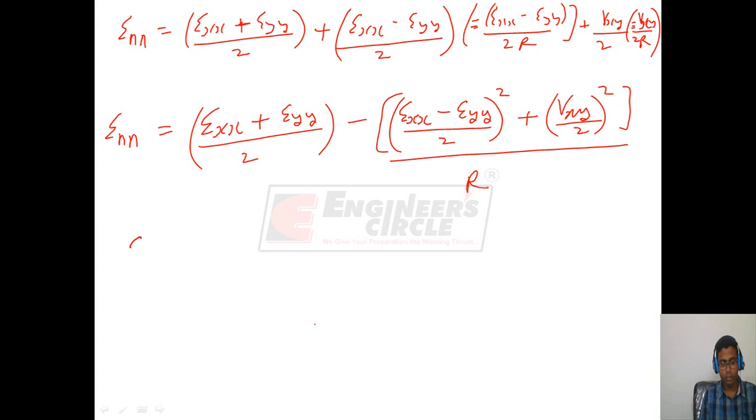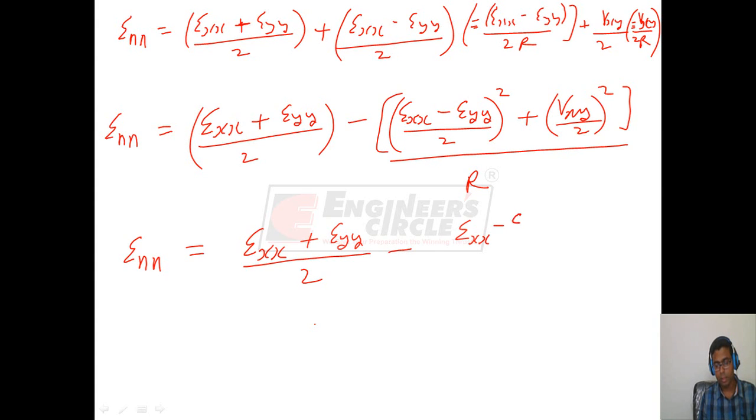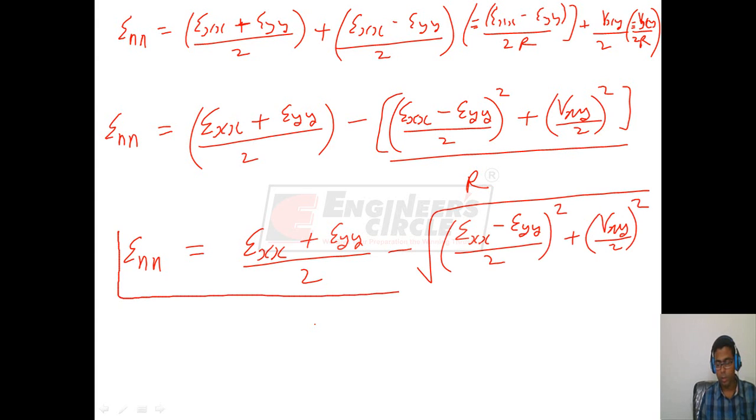Putting the value of r, we get epsilon nn as equal to (epsilon xx plus epsilon yy) by 2 minus root of ((epsilon xx minus epsilon yy) by 2) whole square plus (gamma xy by 2) whole square. So this is another value of epsilon nn.